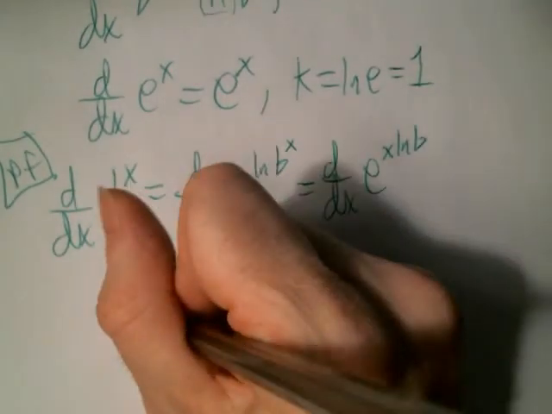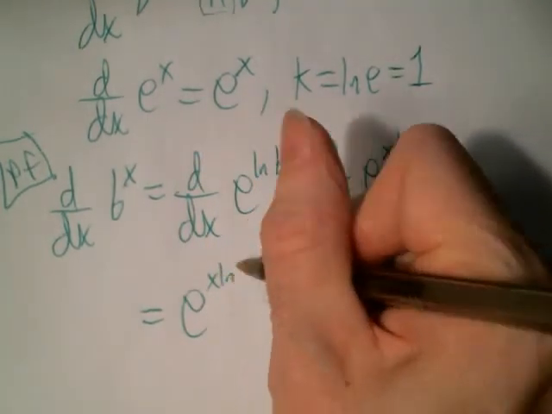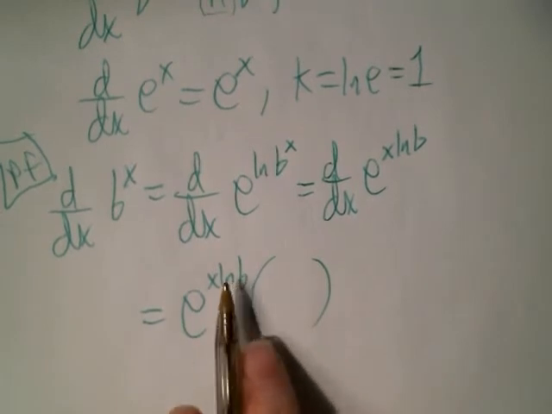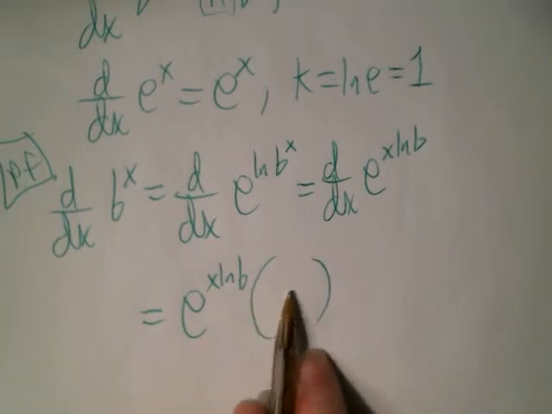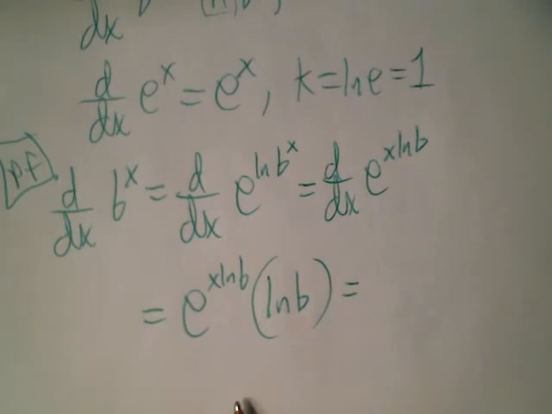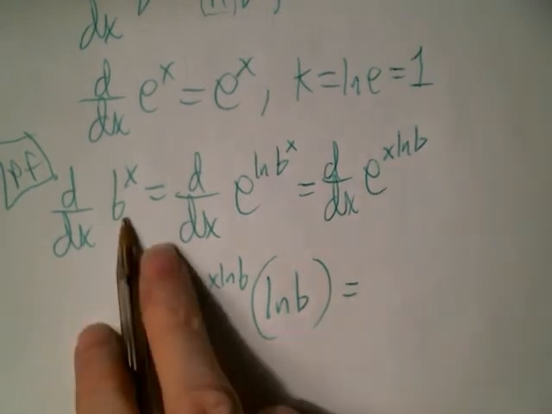And then it's a chain rule issue, right? So the derivative of this thing is just e to the x ln b times the derivative of the guts. And this thing up here, x times ln of b, is just like 5x or something. You just get back the constant. So I would just get back ln of b. And then e to the x ln of b, I can rewrite back as b to the x.